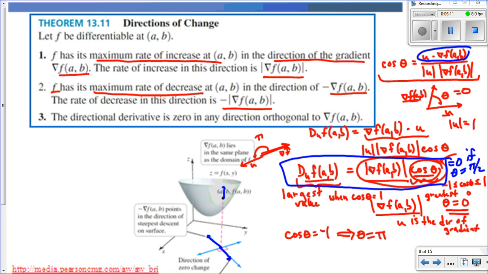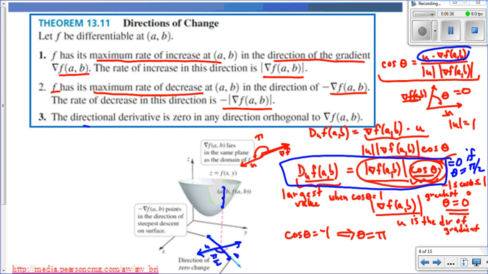This would correspond to the fastest descent down that surface. Then the direction we would need to go would be perpendicular to the gradient. So we want this angle between the gradient, here's the gradient, the angle between u and the gradient needs to be a right angle.